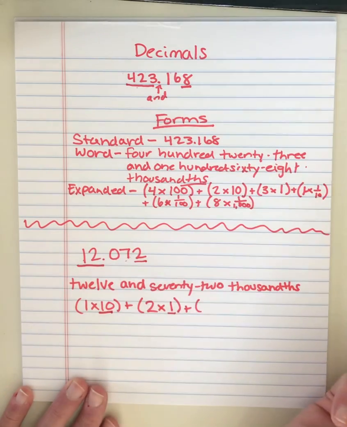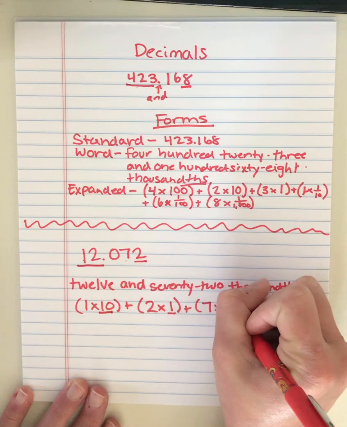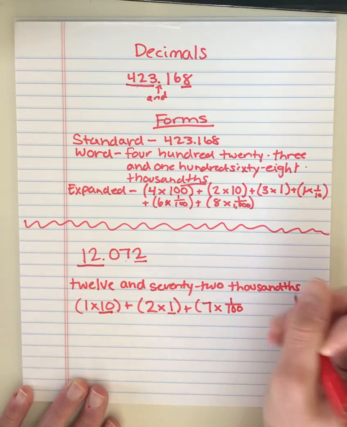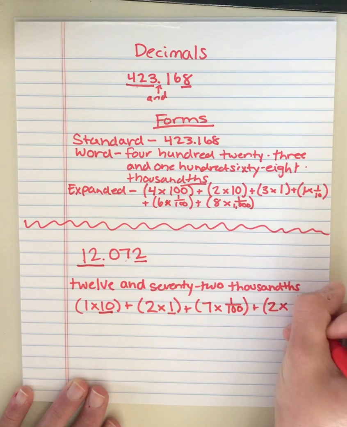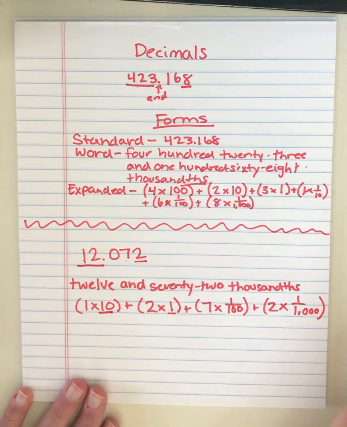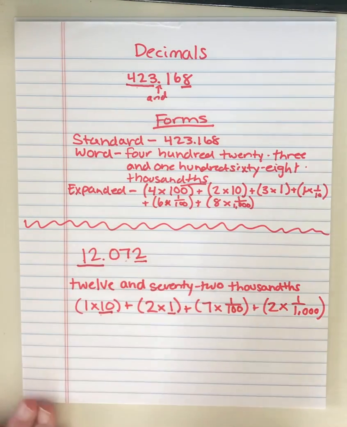So I'm going to skip it and go right to the 7. 7 times 100th. And finally 2 times thousandths. So if a number's in standard form, you can also write it in word form or in expanded form.